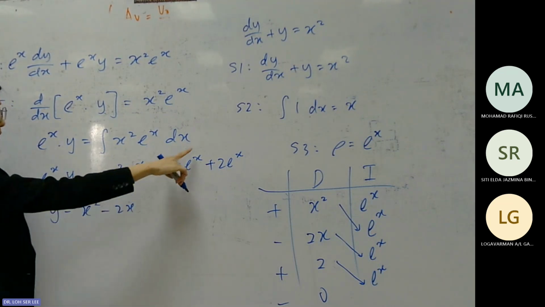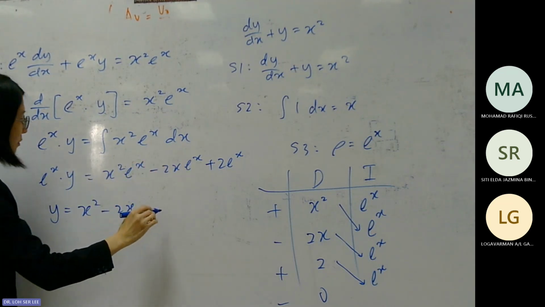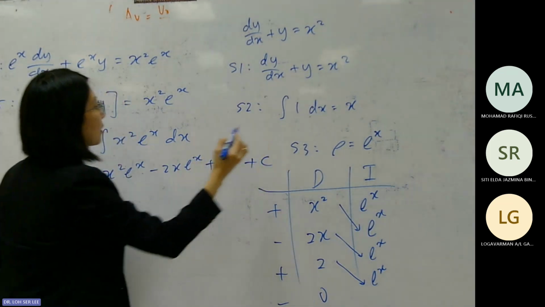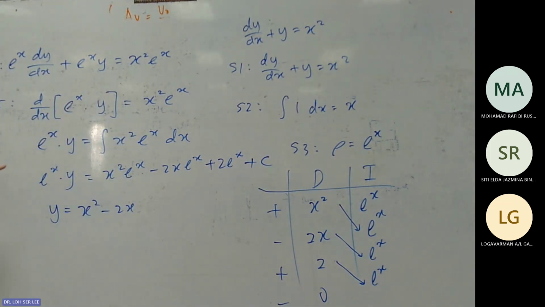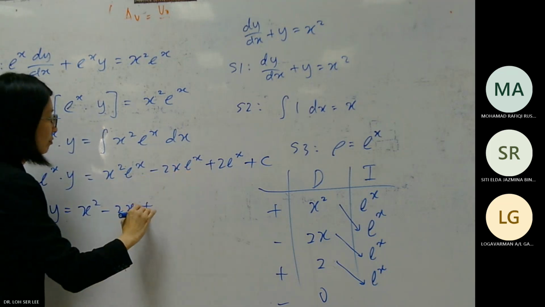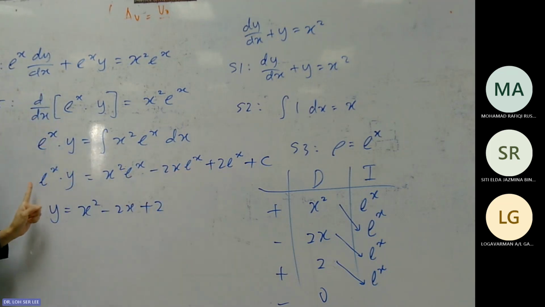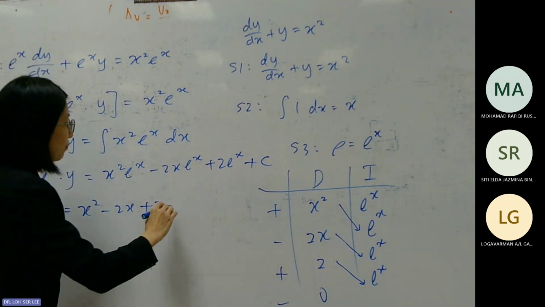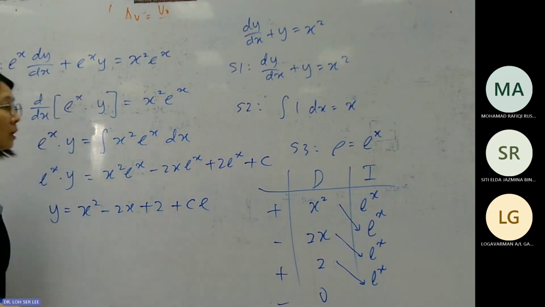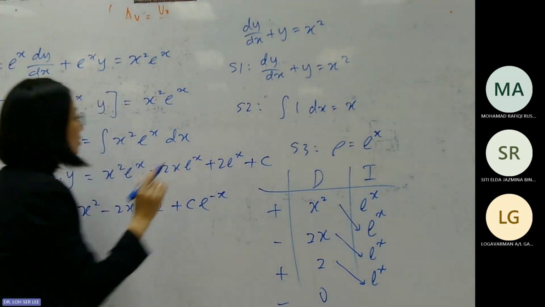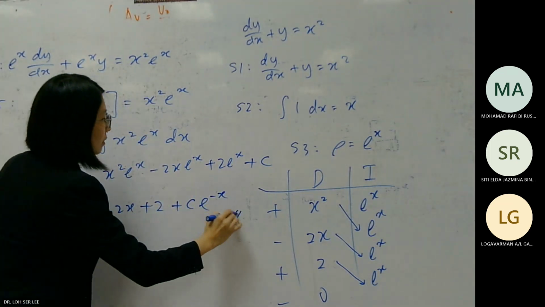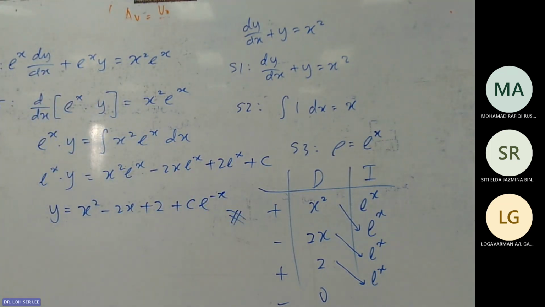Minus 2x, cancel out the e^x. Sorry, I forgot about plus. It should have a plus c here. Then plus 2, cancel out the e^x. And this one, c e to the negative x. So this is the answer.